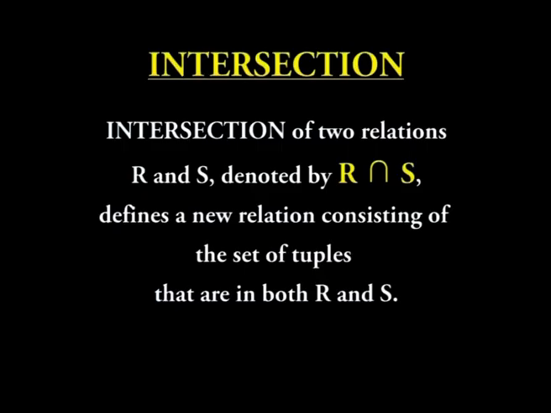In this, both relations must be union compatible. Intersection of two relations R and S denoted by R intersection S defines a new relation consisting of the set of tuples that are in both R and S, hence both the relations must be union compatible.